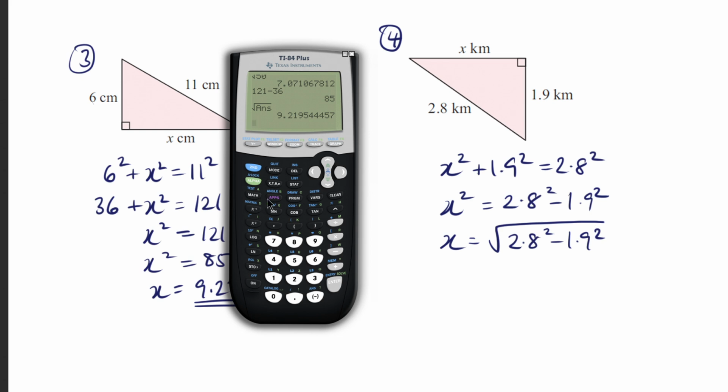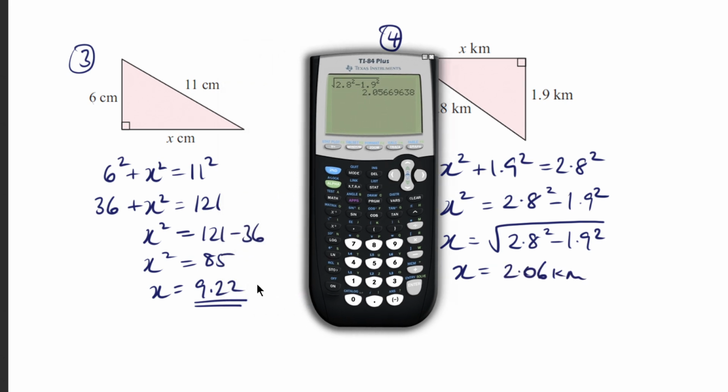And you should be able to put that straight into the calculator and get the answer. .06, and that's kilometers, and actually the last one was centimeters.